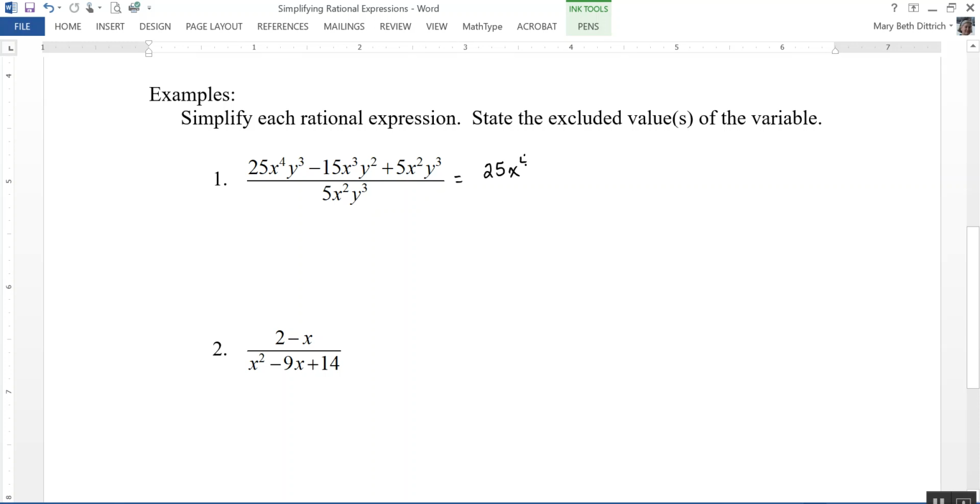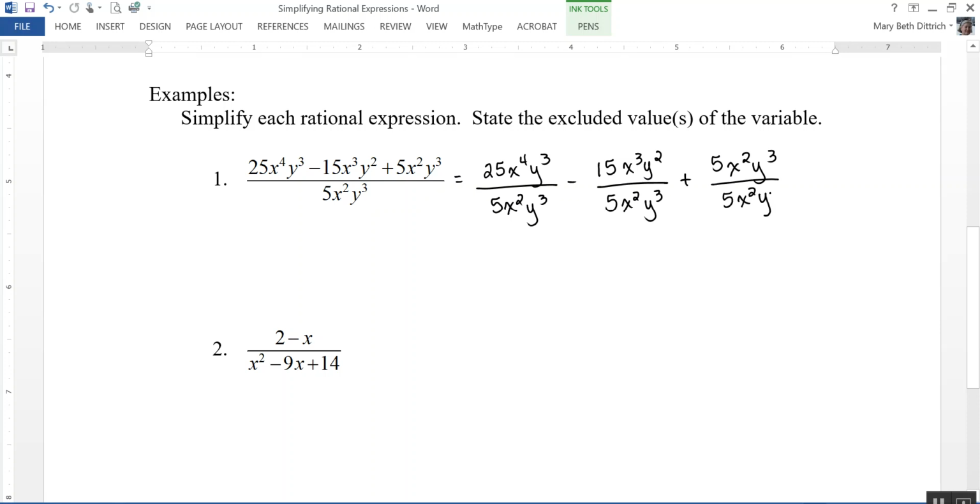So 25x to the fourth y to the third over 5x squared y cubed, minus 15x cubed y squared over my denominator, and my last monomial in the numerator divided by my denominator. And now we're just going to simplify each one of those.